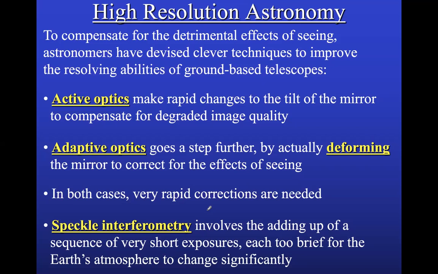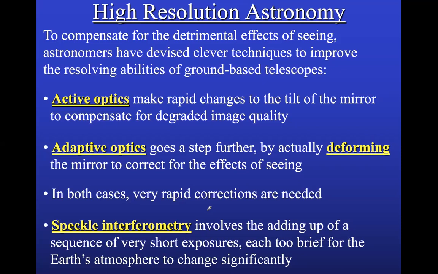We shine a laser beam towards the sky, which makes an artificial star or a circle on the sky, and then you get the reflected light and measure the shape of that, and from that you get an idea about the atmosphere, right? Then you do a correction or deform the mirrors according to that. This corrects the effect of seeing by deforming the mirrors, and this is called adaptive optics.